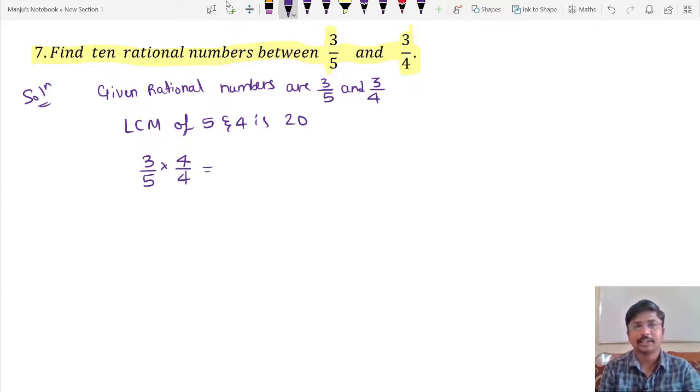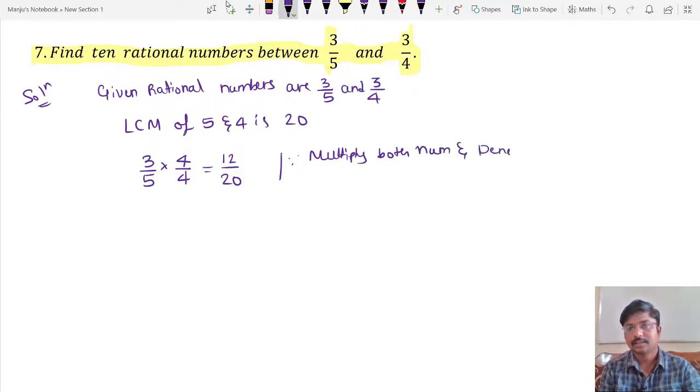The denominator is 20. Yes, 3 4s are 12, 5 4s are 20. Multiplying both numerator and denominator by 4.